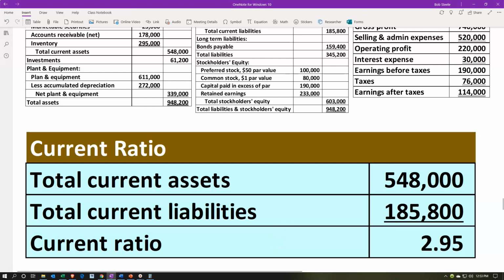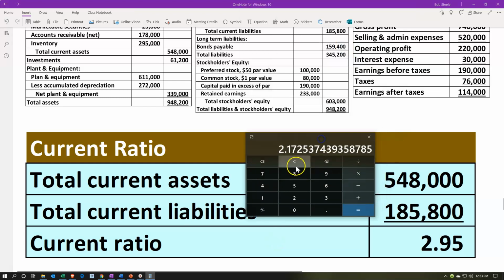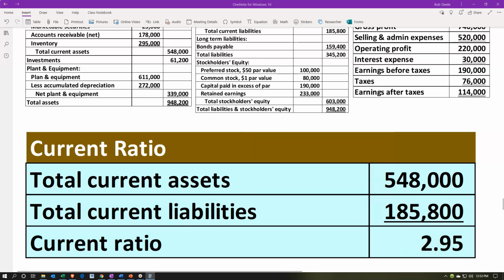So if we do that comparison, let's take out the trusty calculator. We have the 548,000 divided by the 185,800. That gives us about 2.95. That means we could pay off the current liabilities almost 3 times over with the current assets.